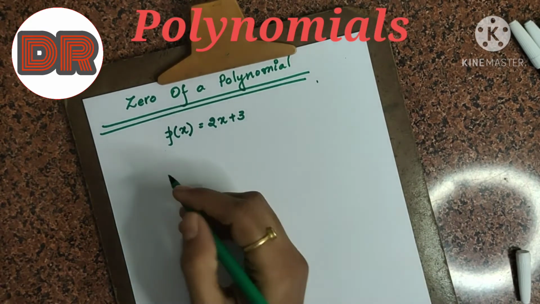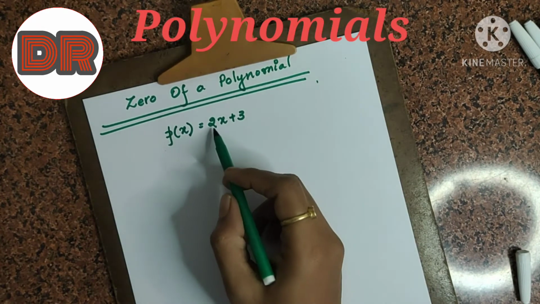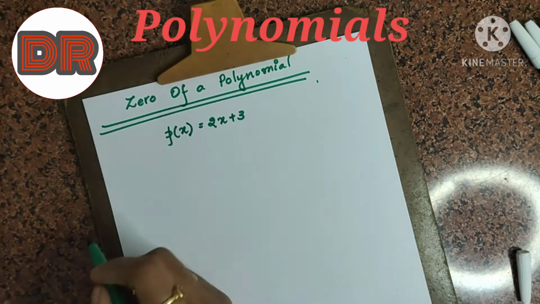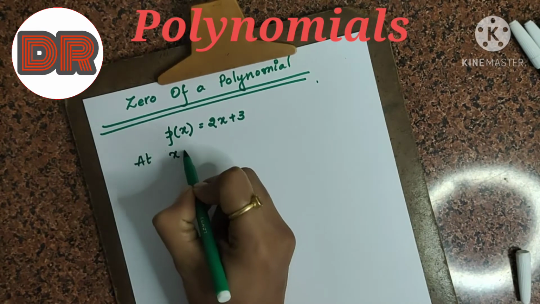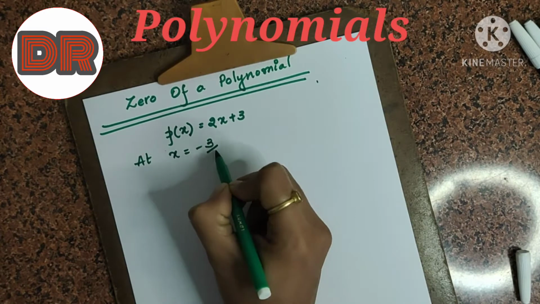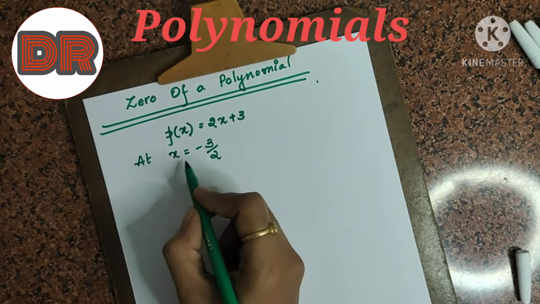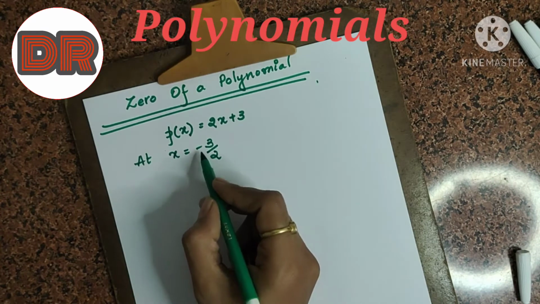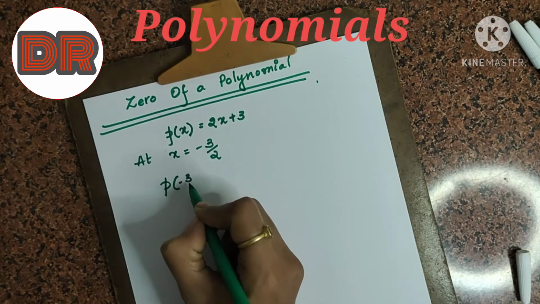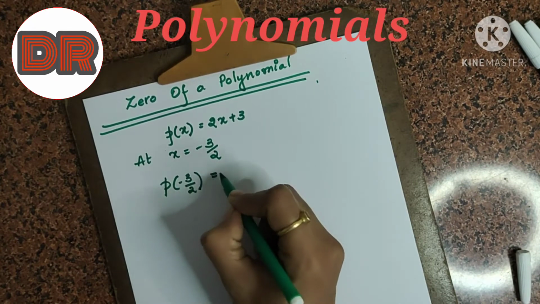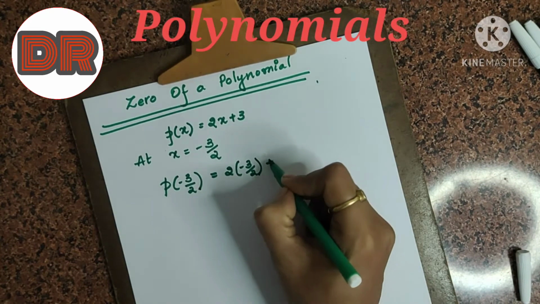So let me take a linear equation which is given by p of x is equal to 2x plus 3. Now at x is equal to minus 3 by 2, what is the value of this polynomial? So if I substitute x is equal to minus 3 by 2, then p of minus 3 by 2 is equal to 2 into minus 3 by 2 plus 3.